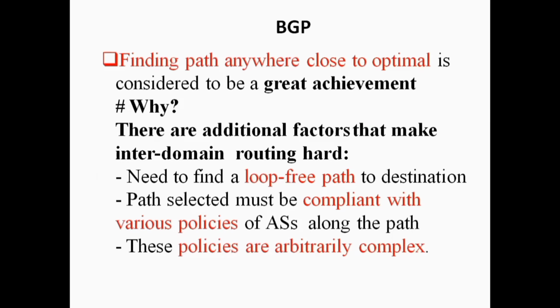We need to find a loop-free path to the destination. The path selected must be compliant with various policies of the autonomous systems along the path. These policies are arbitrarily complex. These are the reasons that make inter-domain routing hard and complex.